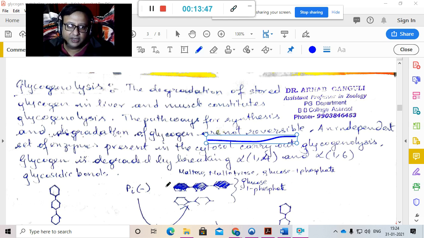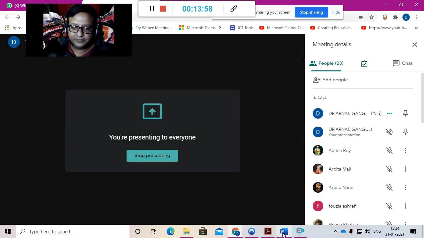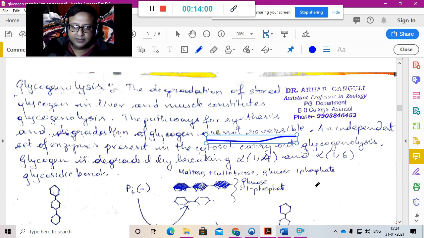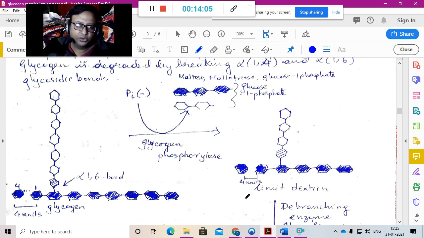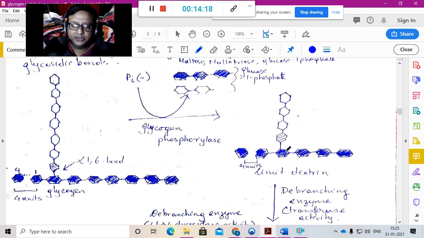So glycogen is degraded by breaking alpha 1,4 and alpha 1,6 glycosidic bonds. There are two types of linkages as shown in the video. One is all these glucose units joined together by alpha 1,4 glycosidic linkage, and the branch point is the alpha 1,6 bond.